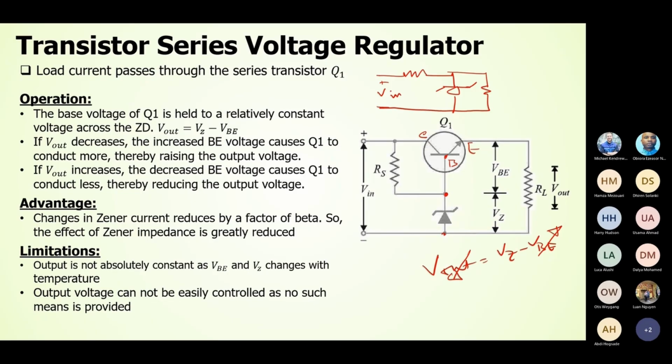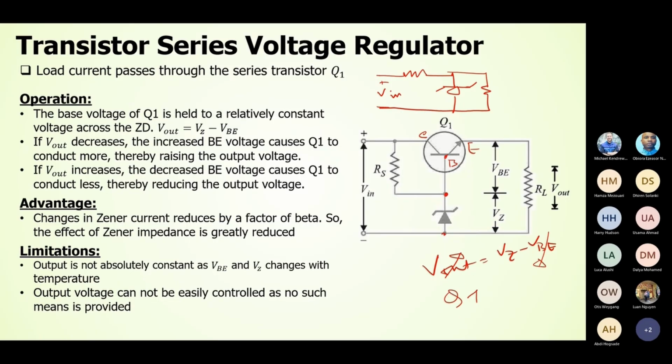Similarly, if for some reason the output voltage increases, then the base emitter voltage will decrease. This will cause the transistor Q1 to conduct less, and this will ensure that the output voltage returns back to its nominal value.